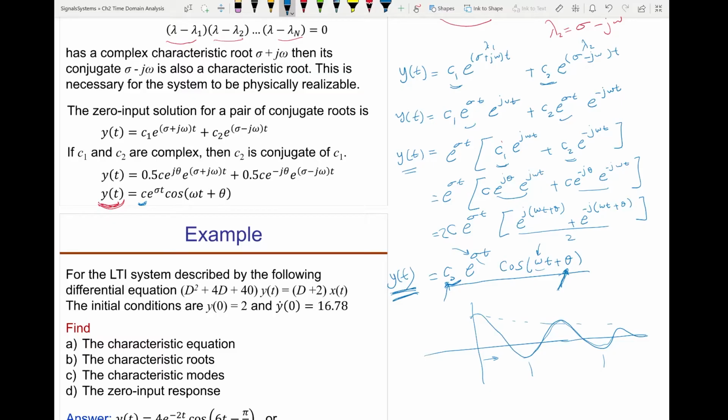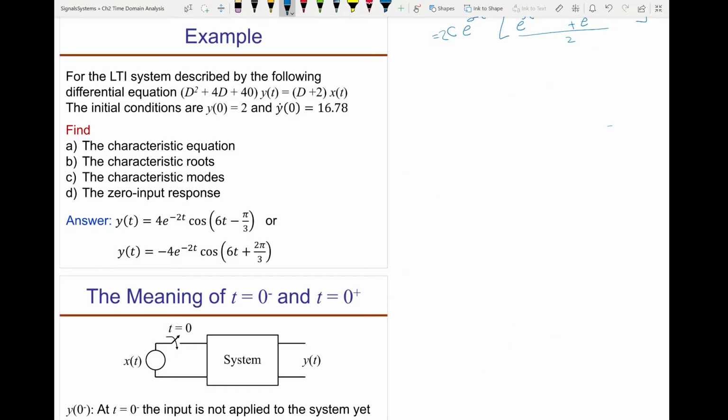Let's take an example to find the zero input response for this system here. Okay, let's first find the characteristic equation. That would be lambda squared plus 4 lambda plus 40 equals 0.